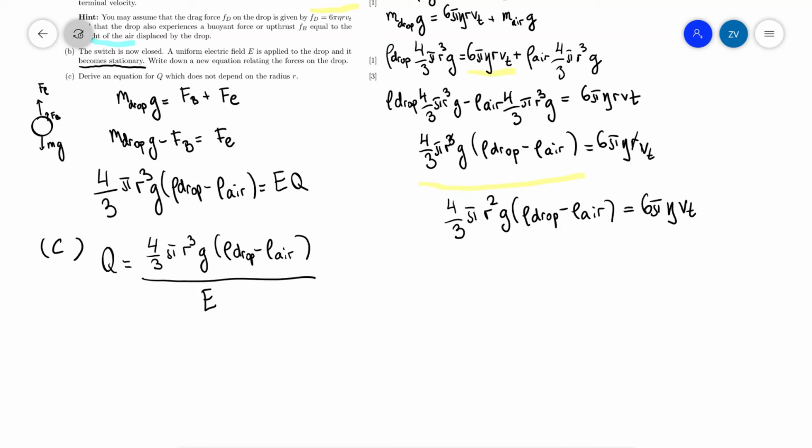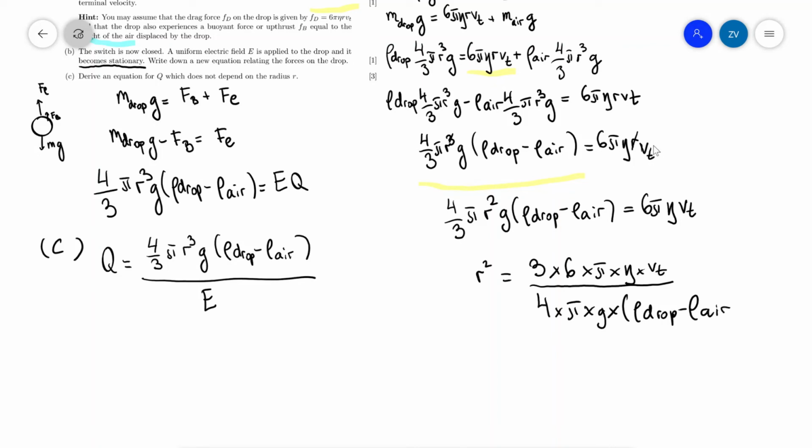Okay, well, now that we have this, we can rearrange for r squared, and what we're going to get is that r squared will be equal to 3 times 6 times pi times nu times vt divided by 4 times pi times g times rho drop, take away rho air.